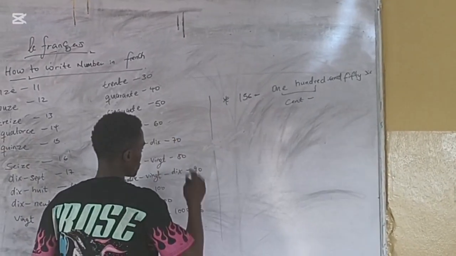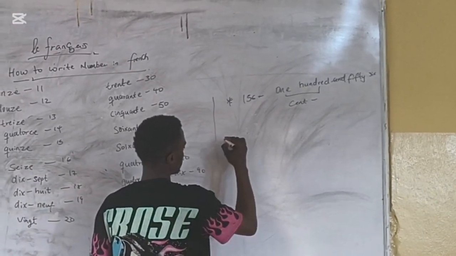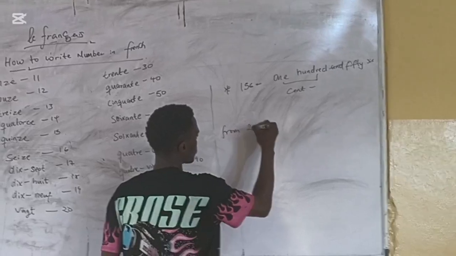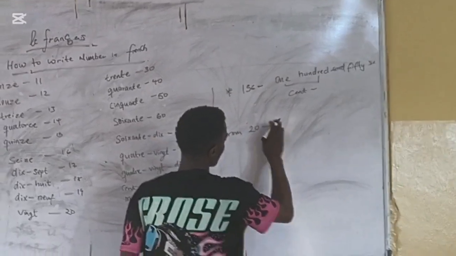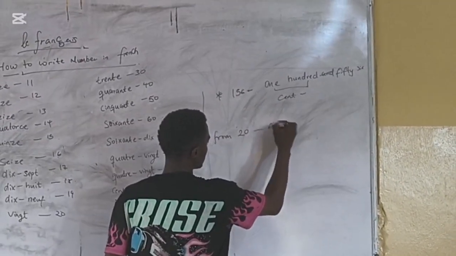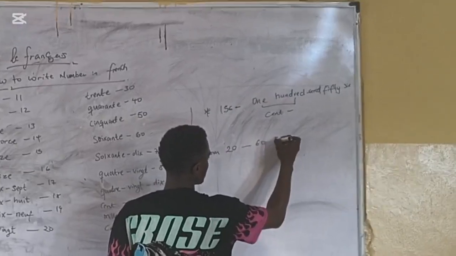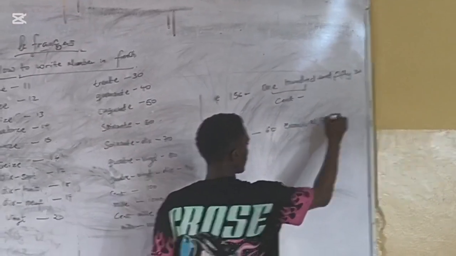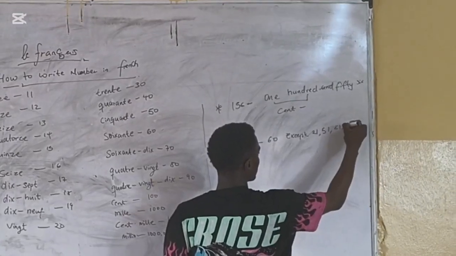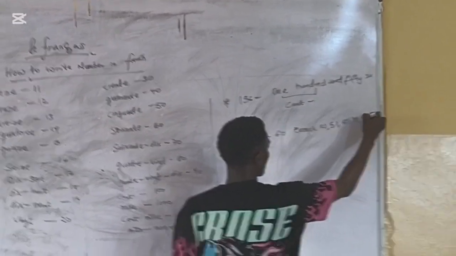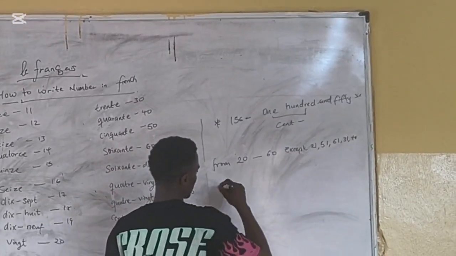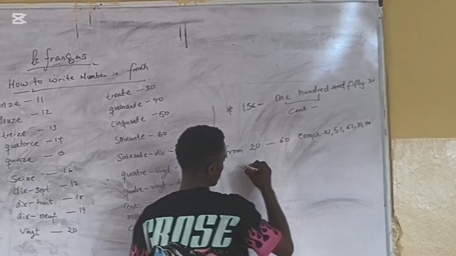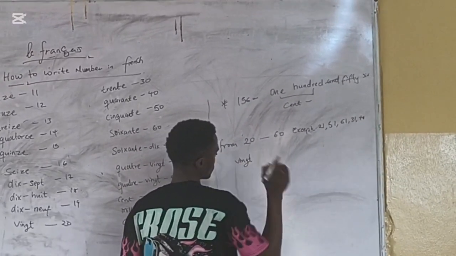So now there's a trick I want you to know: from 20 to 60, except 21, 31, 41, 51, 61, when you're adding numbers together, if you start with 20, you add what?